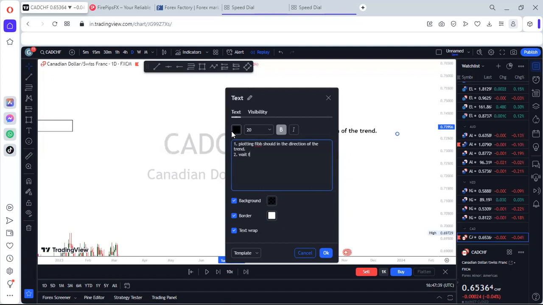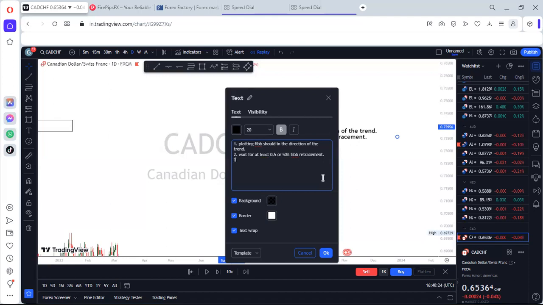So wait for at least 0.5, or 50% Fib retracement. So that is number two.